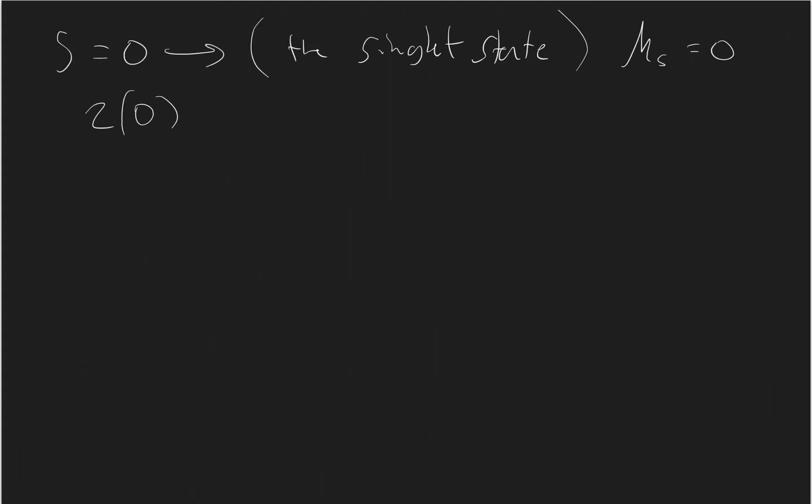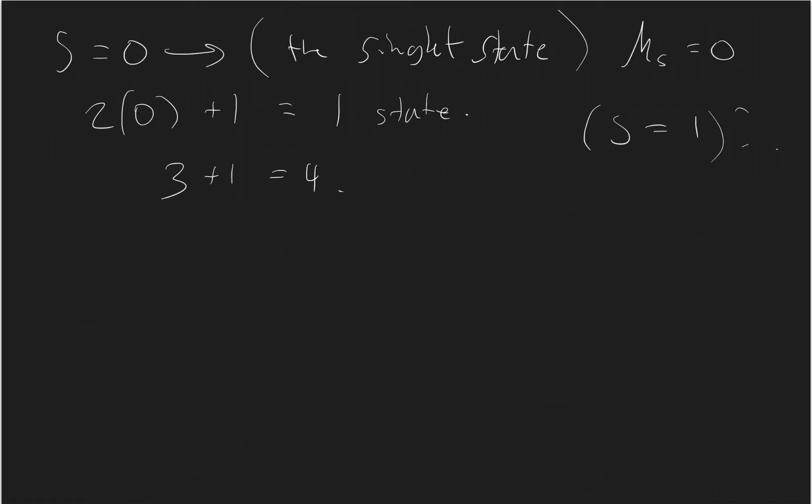So this is a multiplet of just 0 plus 1. There's only one state. So the total number of states would then be 3 plus 1 is equal to 4, including this one too.